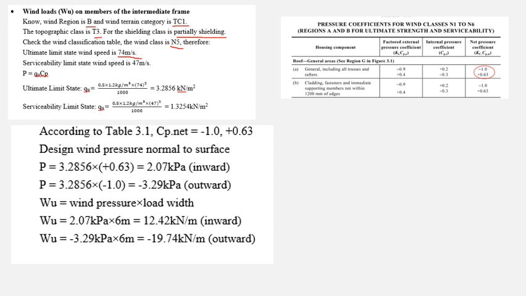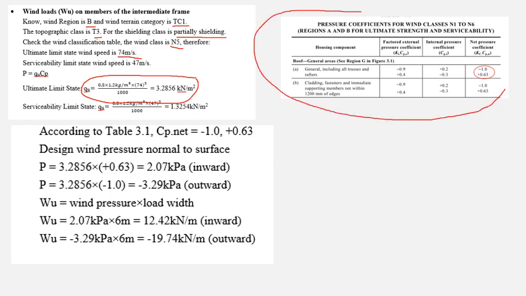Now we can use the 74 meters per second to calculate the ultimate limit state, which is 3.28 kilonewtons per meter square. Then we take a look at the pressure coefficients table for the wind class, which gives minus 1.0 and plus 0.63.